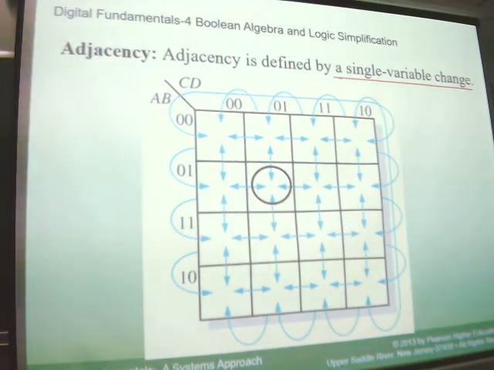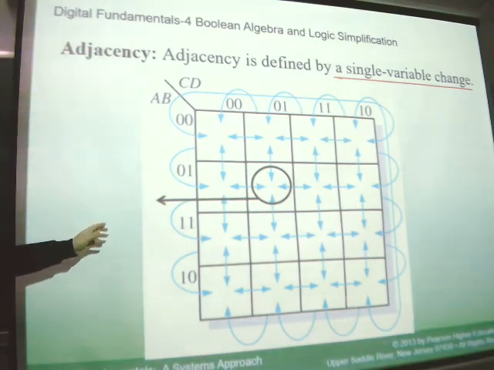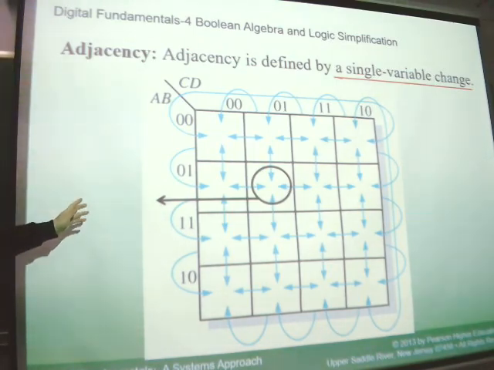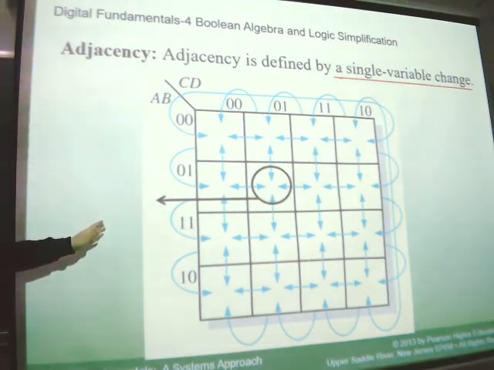Adjacency: for a four variable Karnaugh map, each cell is adjacent to the cells that are immediately next to it on any of its four sides.